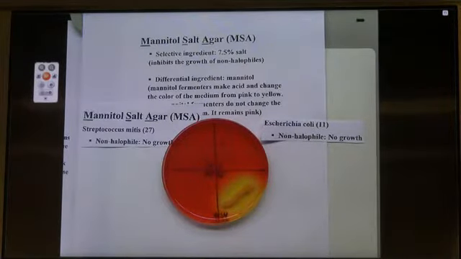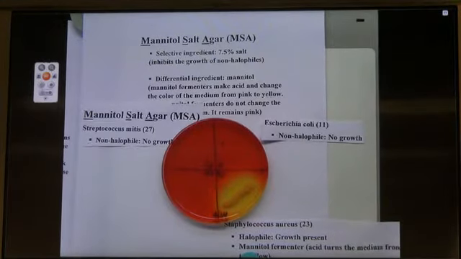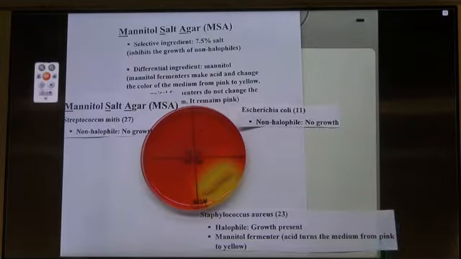Now the other one that is growing is this one right here. Staphylococcus aureus. Not only that it is growing, it has turned the medium yellow. Why? Because it is mannitol fermenter.